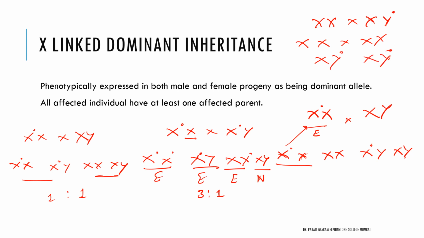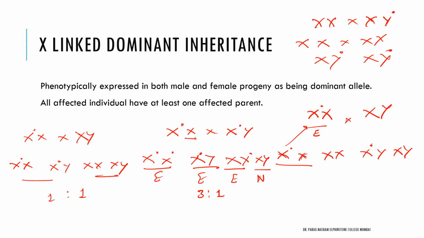So it's very easy to understand that Y-linked inherited characters are passed on from father to son and from son to his son. They are going to pass on the Y chromosome to the male progeny only.